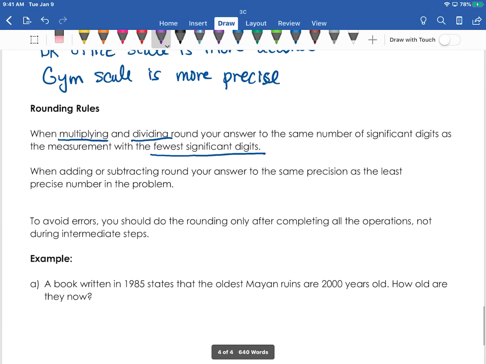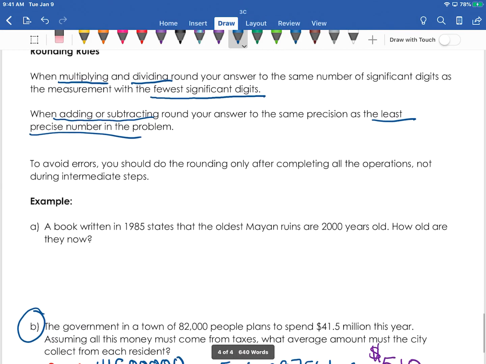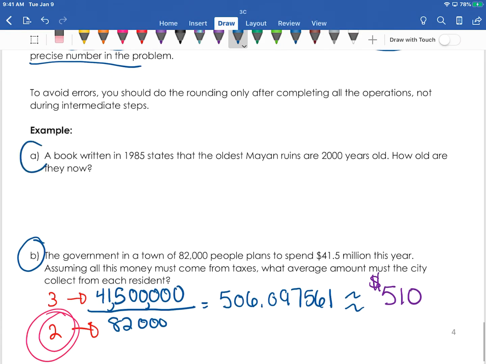Okay, now, going back, that's multiplication and division. When you're doing multiplication and division, you use the smallest of the significant digits. When you're doing addition and subtraction, you want to use the least precise number. So you're going to look at how the number is rounded in the problem. So that would be example A here when we use addition and subtraction.